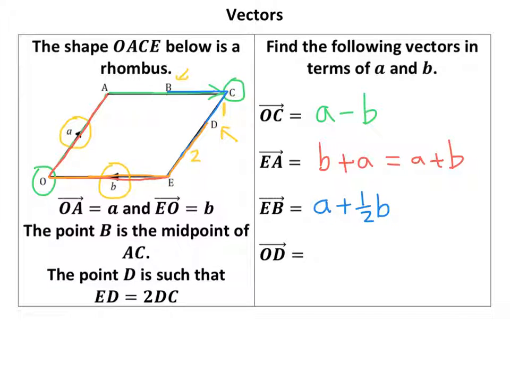So that's going to be minus B first of all, and then I'm going to go plus a certain fraction of A. It says that the length from E to D is 2/3 of that side, because ED is 2 out of a total of 3, so 2/3 of A.